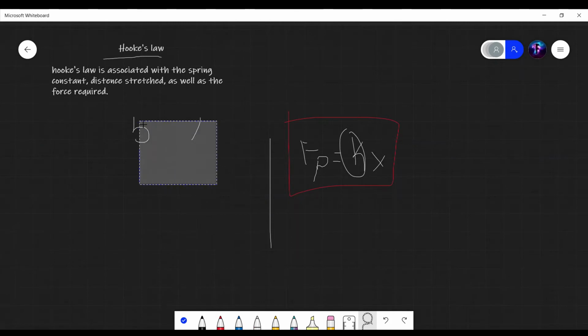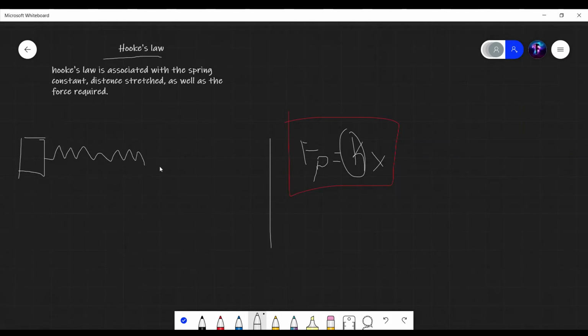Let's just say that we have a spring, and we will stretch it 2 meters. We're finding the spring constant, so we have to know the force required.